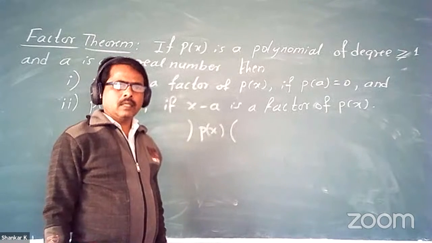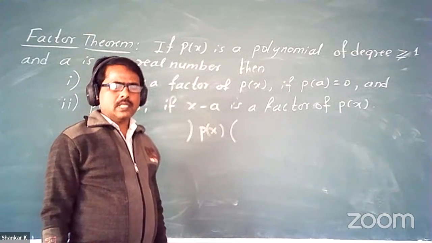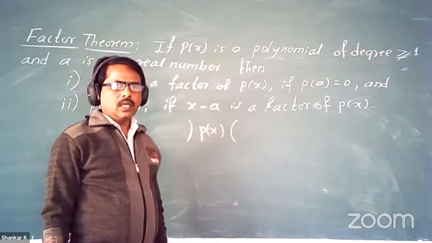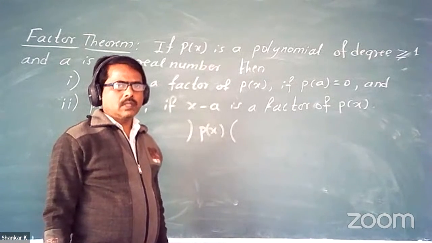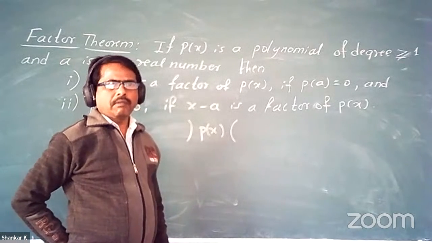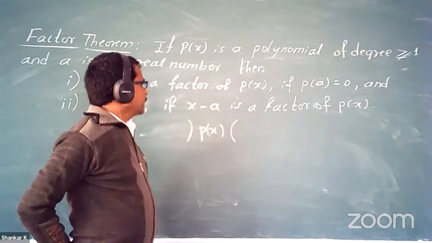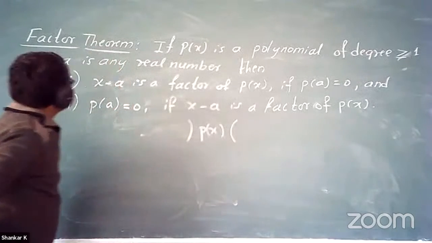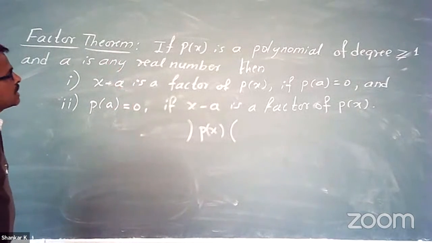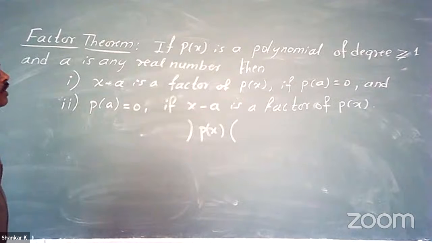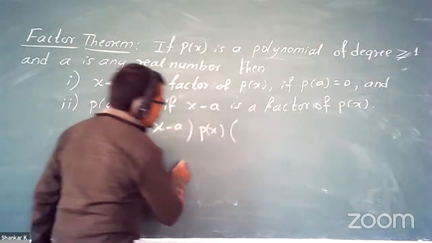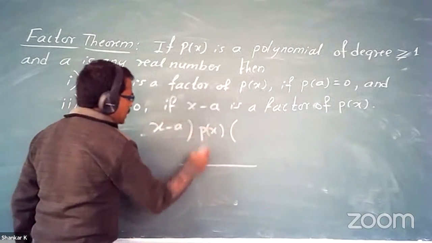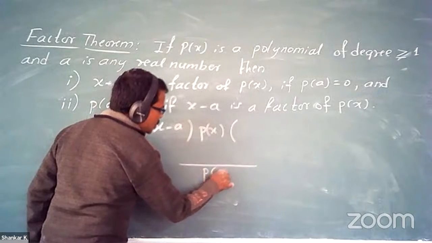What is a real number? The collection of rational and irrational numbers together. It can be a whole number, natural number, integer, or fraction, whatever. Then what is told here? x minus a is a factor of P of x if P of a equals 0.